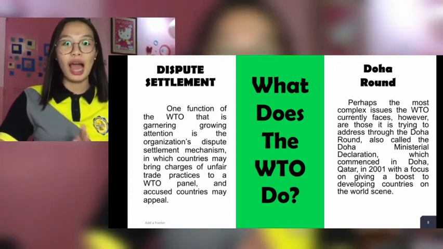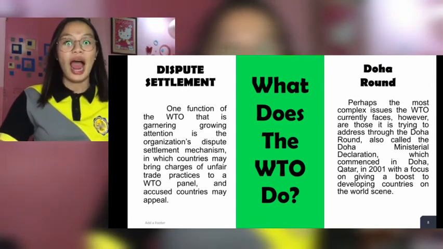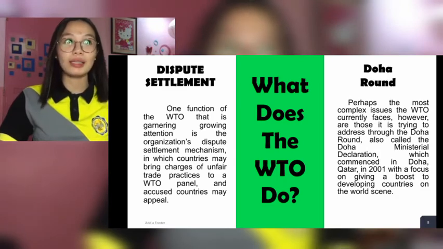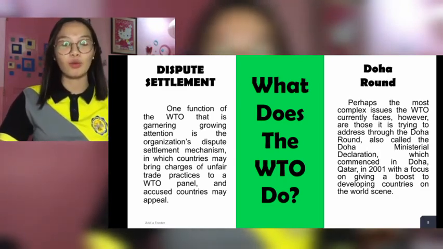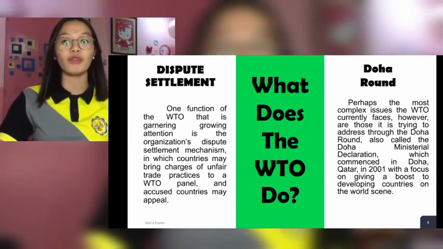The Doha Round is perhaps the most complex issue the WTO currently faces. It is also called the Doha Ministerial Declaration, which commenced in Doha, Qatar in 2001 with a focus on giving a boost to developing countries on the world scene.